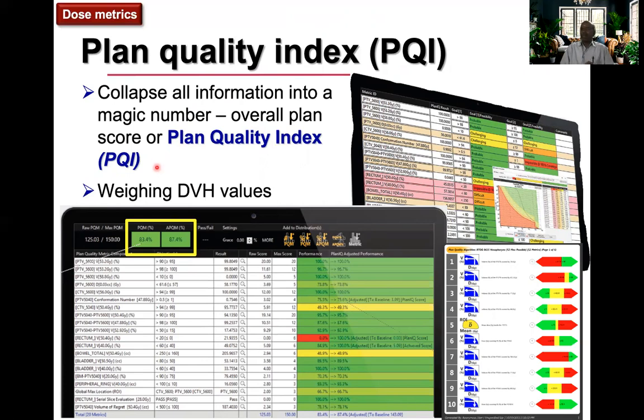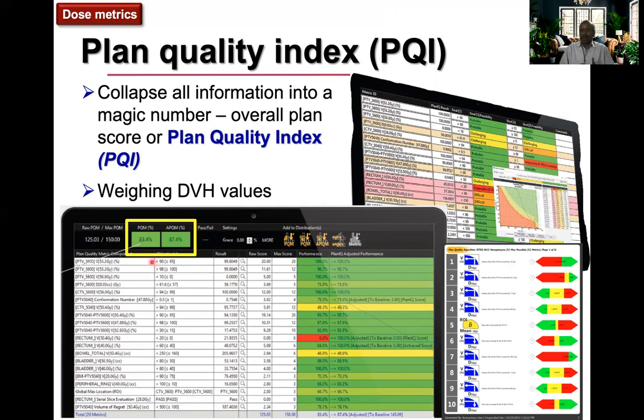That can tell everything about the plan. And yes, there are commercial solutions available. Multiple authors have published such plan quality indices. So here, you just have one number to know about the plan quality.